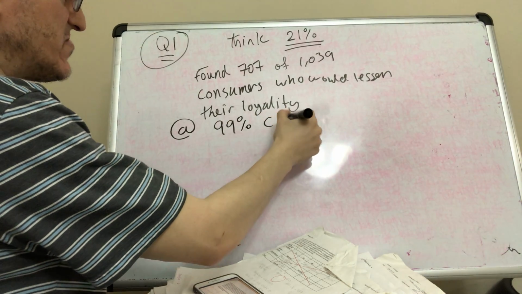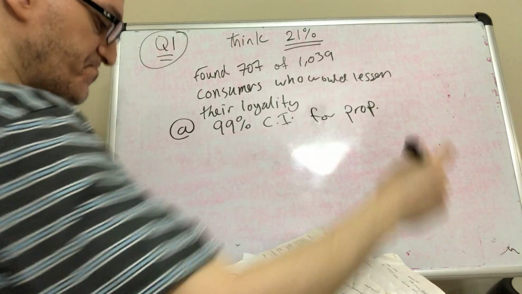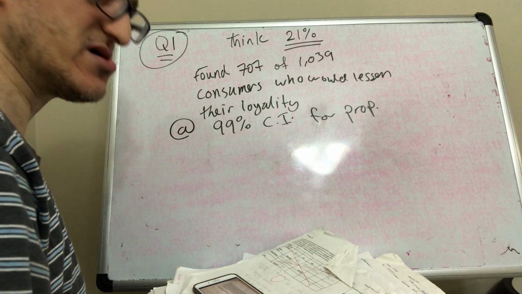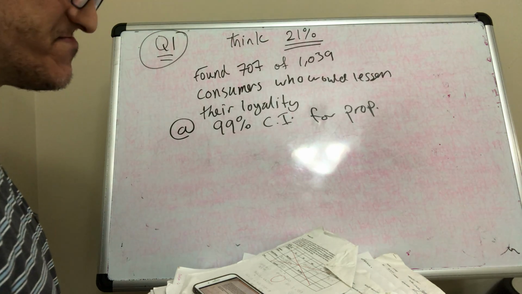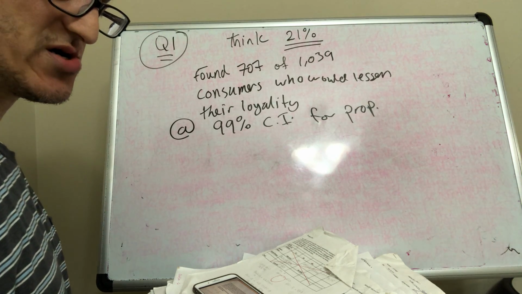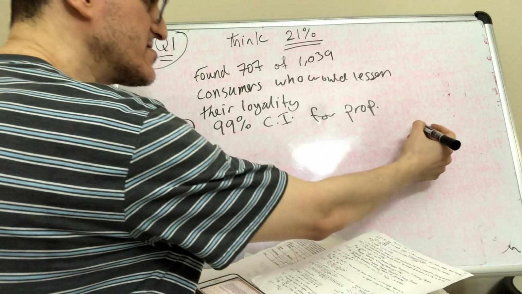a 99% confidence interval for the proportion of those who would lessen their loyalty. Now, for a confidence interval for a proportion, we use the following.